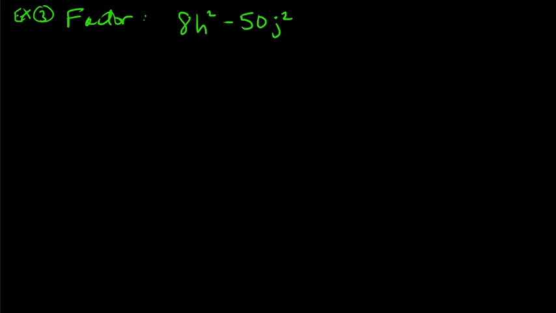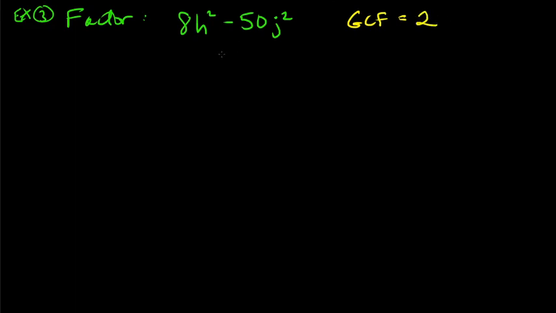Okay. Next one is 8h squared minus 50j squared. So how do we factor that? So little trick here because the 8 is not a perfect square. And neither is 50 for that matter. However, GCF, right? 8 and 50 are both divisible by 2.